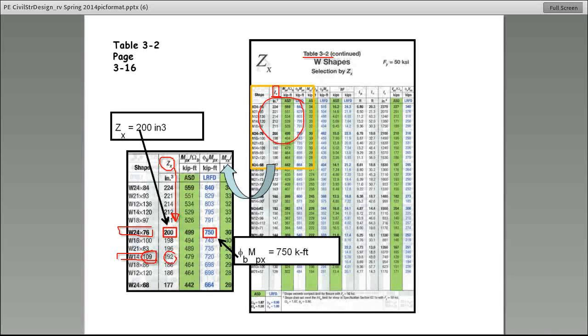All right? So we choose W24 by 76 because 76 is much lighter than the 109. That's 76 pounds per linear foot. And the first number, by the way, 24, is the depth of the steel section. So in this case, the lightest would be W24 by 76.